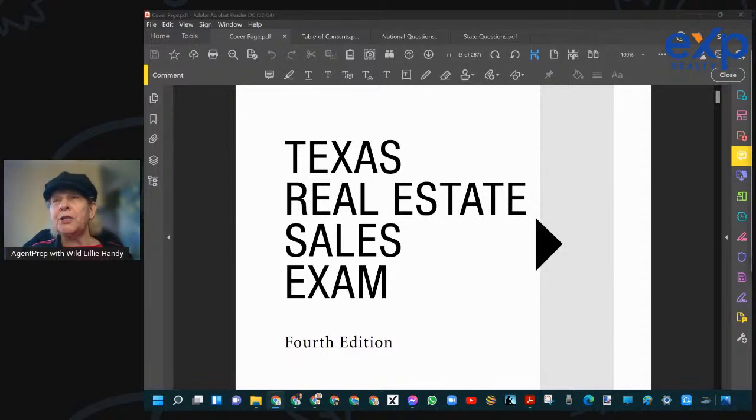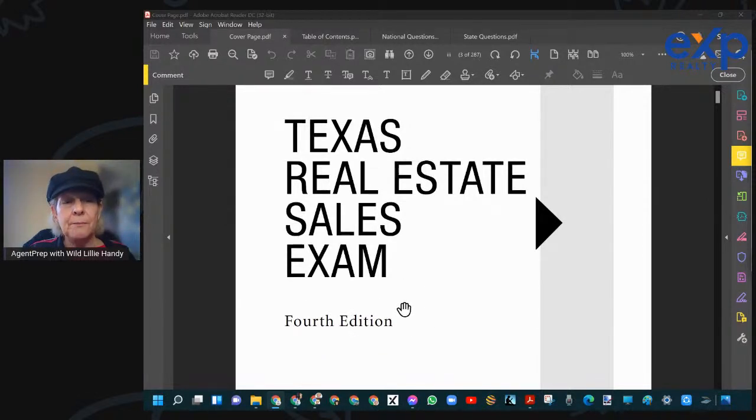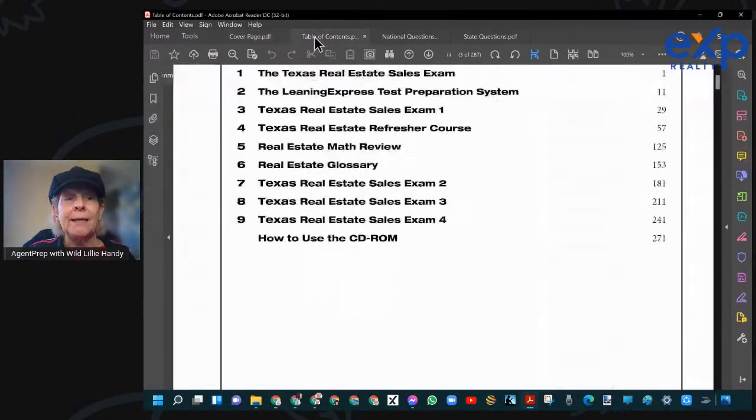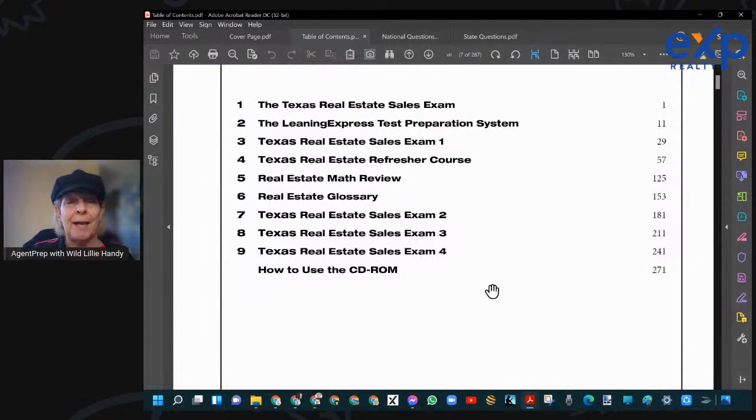So we're continuing to use this book that I'm showing here, Texas Real Estate Sales Exam. Again, it's an awesome book. It's an old book, but it is awesome. It is helping lots of students pass their exams. It's got 110 questions. The first 80 are national questions, which apply to every state, and the last 30 are state. So today we're on exam number 1 for the national questions.